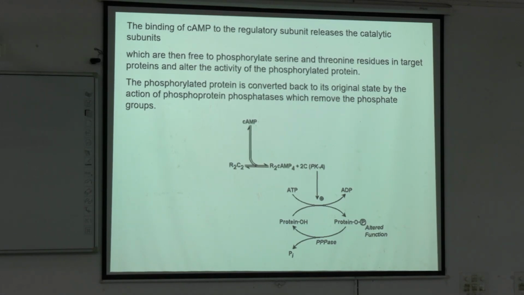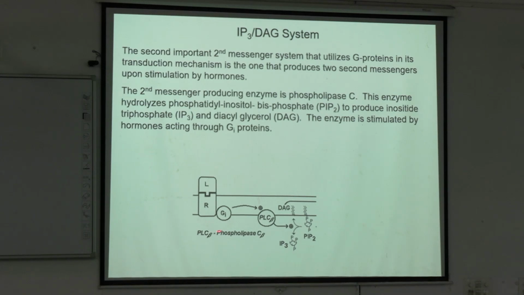Which pathway is this? Glucagon, epinephrine, norepinephrine: these three pathways. See, ligand receptor binding, activation of G protein, PLC, meaning phospholipase C. Activation of phospholipase C, and phospholipase breaks down PIP2 to form IP3 and DAG, inositol triphosphate and diacylglycerol.